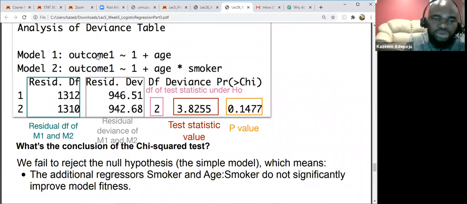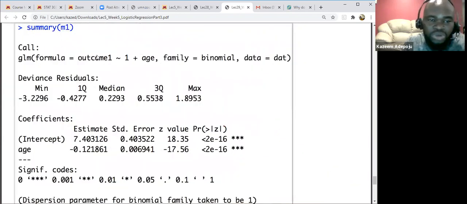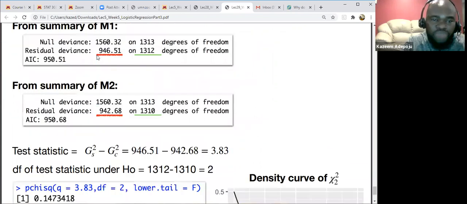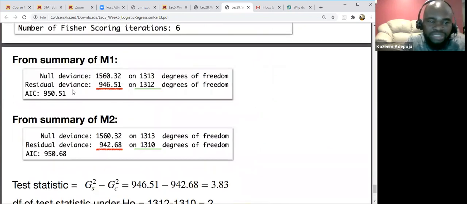Okay, so it's either you make use of that or you also make use of the p-value. Or the AIC. Look at the AIC of the first model, look at the AIC of this second model, and the AIC of the first model is smaller than the AIC of the second model, and that actually justifies that the first model is better.